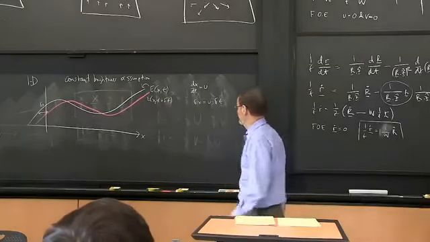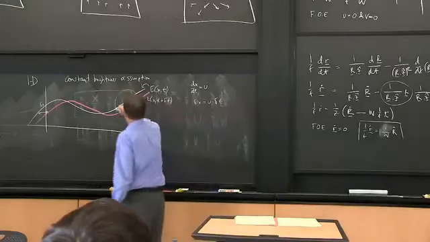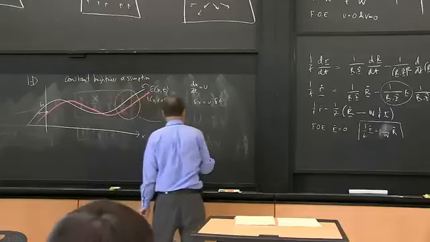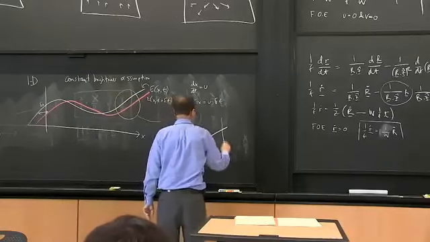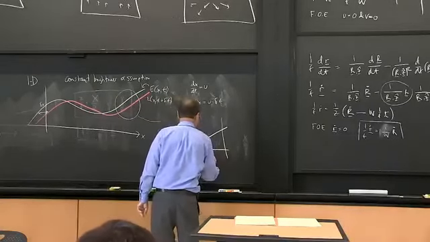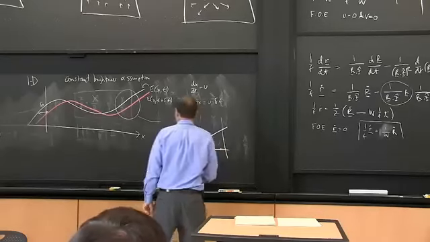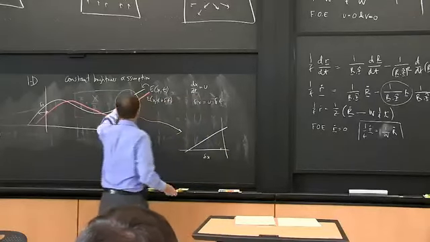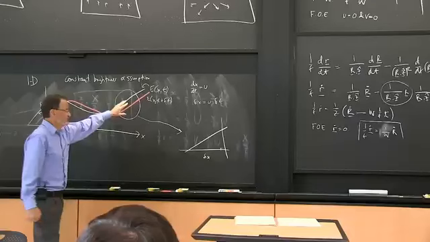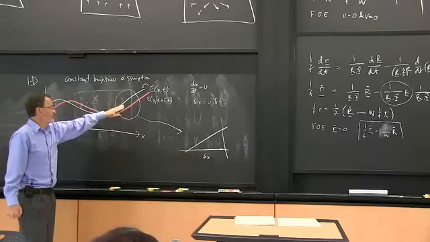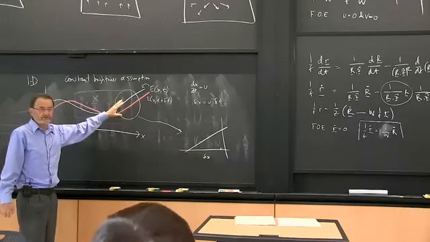Okay, so let's enlarge a little piece of that. Okay, so we're blowing up this area. And why am I doing that? Well, I'd like to use a linear approximation.